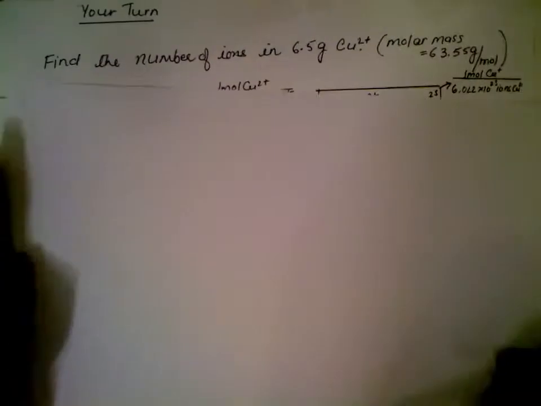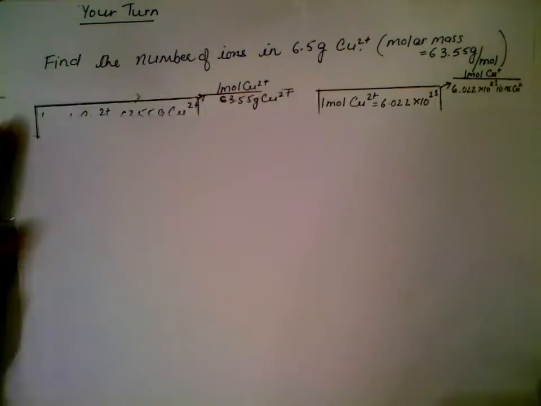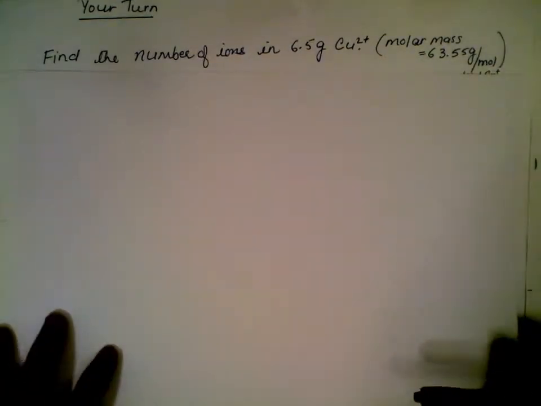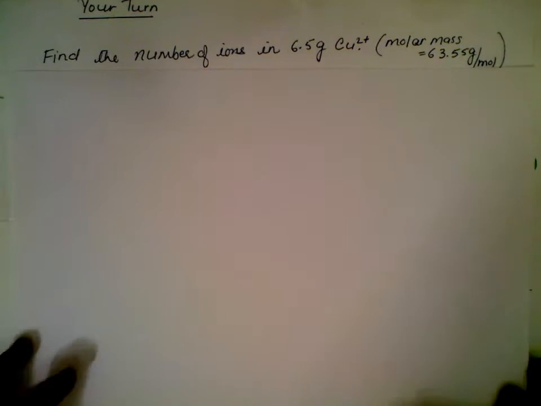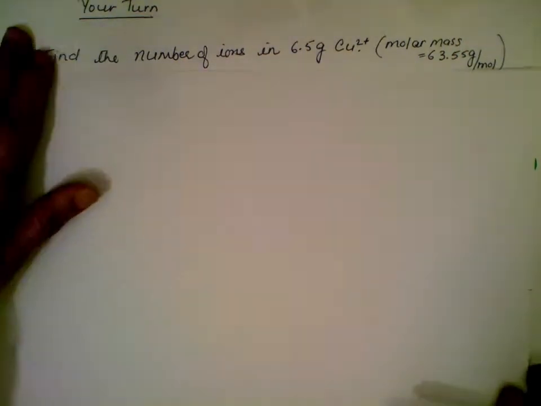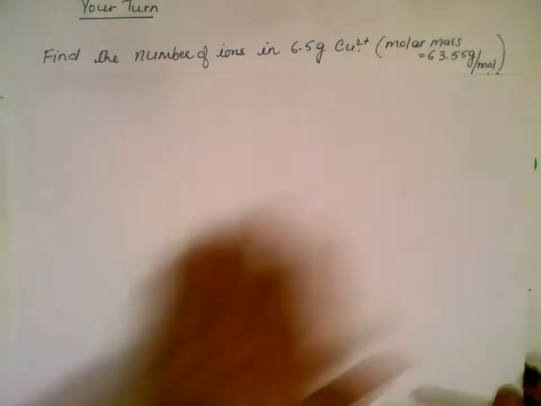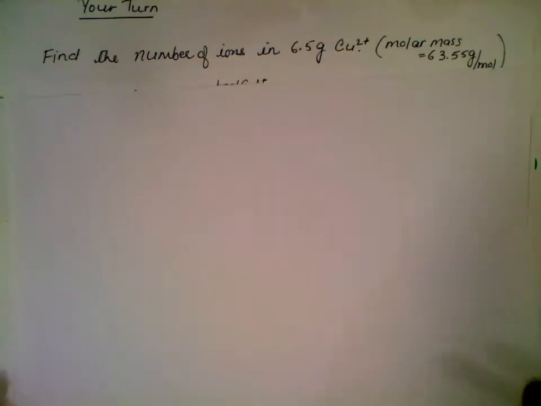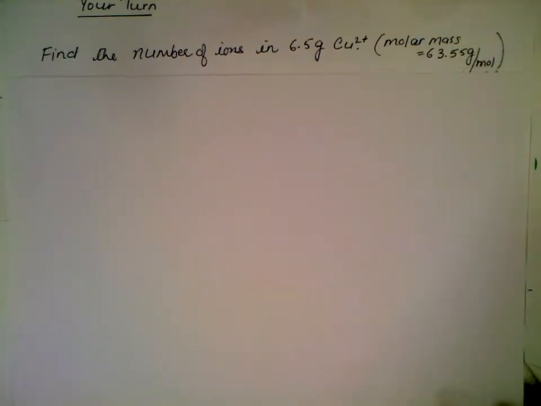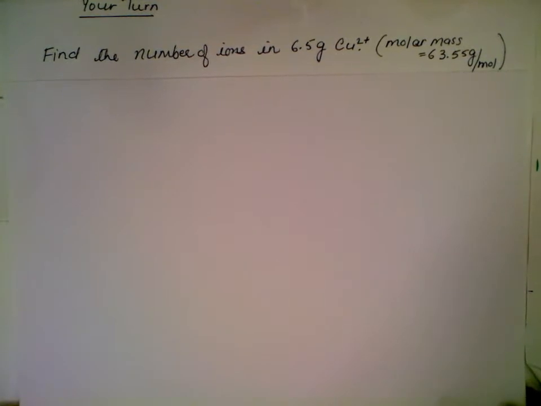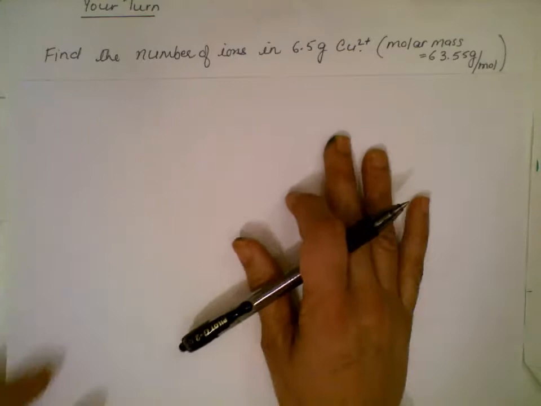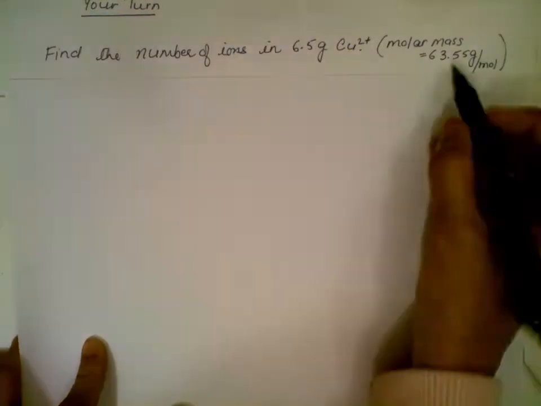So let's work on this problem. Find the number of ions in 6.5 grams of copper ions. So molar mass is again given here, and if it wasn't given, then you would be using the periodic table. We're going to follow the same steps. We're going to look at the equivalent fractions. So 1 mole of copper ion is how many grams?